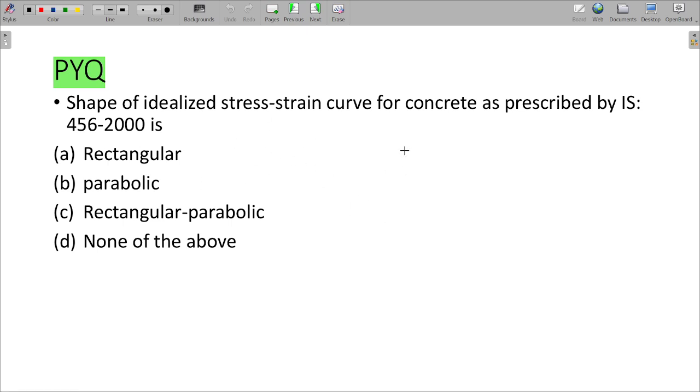And one more important thing is, in working stress method the stress strain distribution is linear, but in limit state method the stress strain distribution is parabolic and rectangle. We call it rectangular parabolic. This is not the actual stress strain curve, this is an idealized stress strain curve.